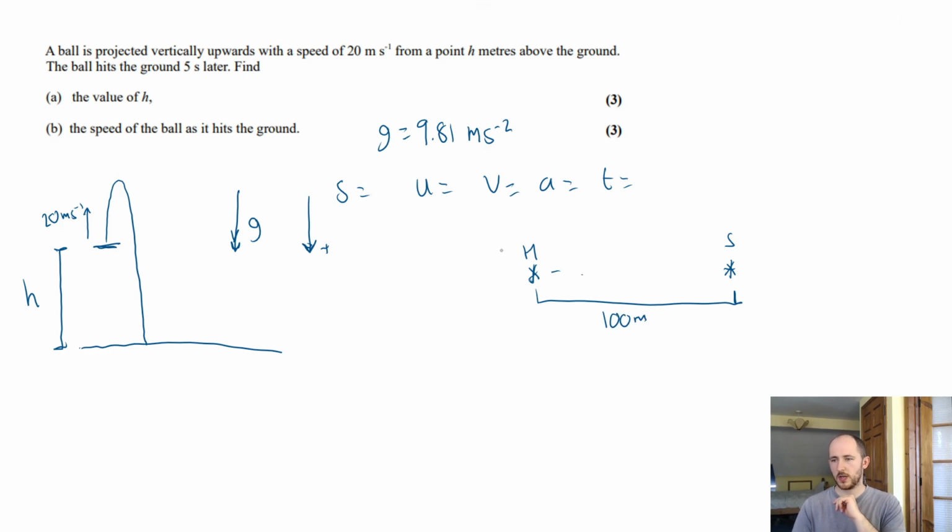Now if I walk to school and then back home, I've covered a distance of 200 meters, right? That makes sense. 100 meters there, 100 meters back. But what's my displacement? What's my distance from my starting point? 0. I haven't moved from my starting point. I'm back where I started.